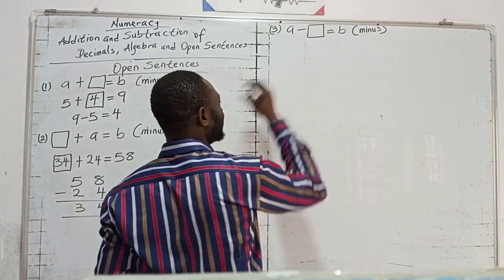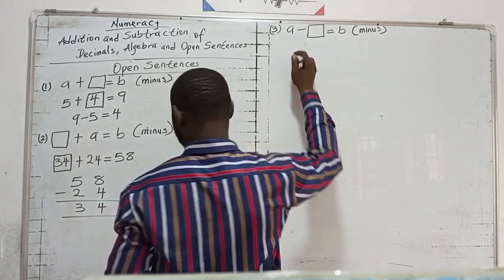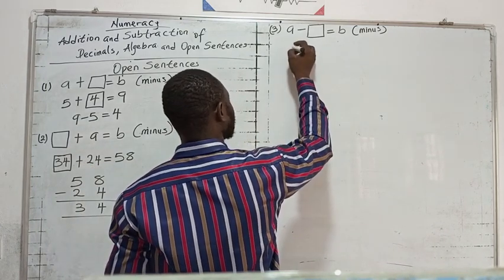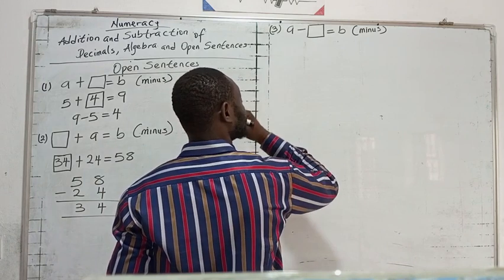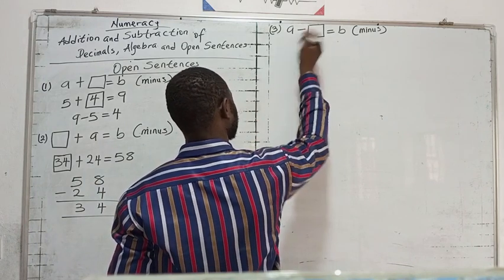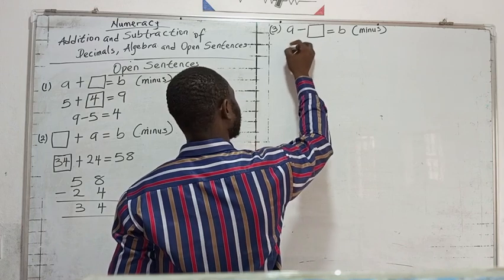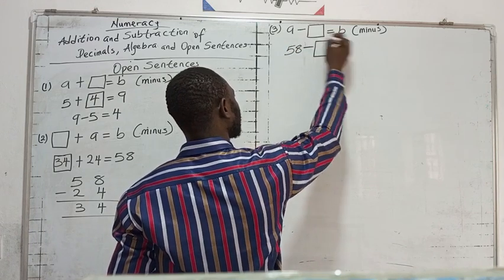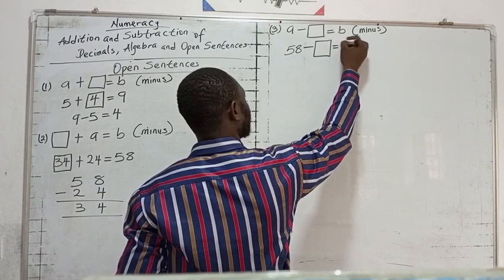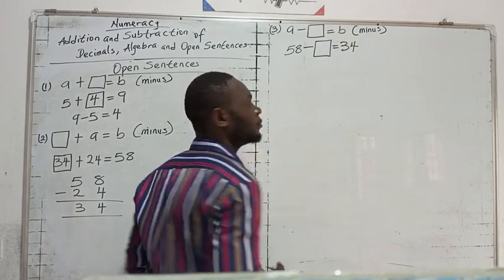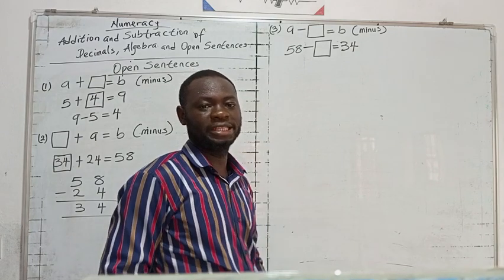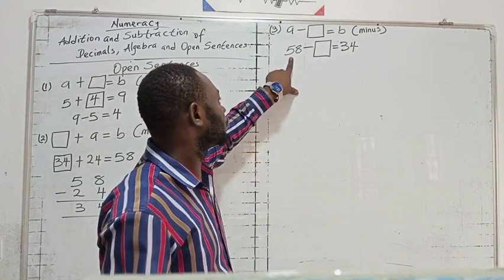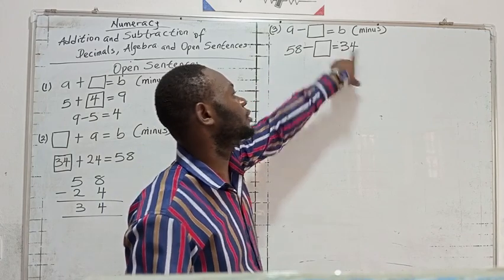For example, let me use a number here so that we understand it. Something like 58 minus box equals 34. So what are we going to subtract from 58 to give us 34?